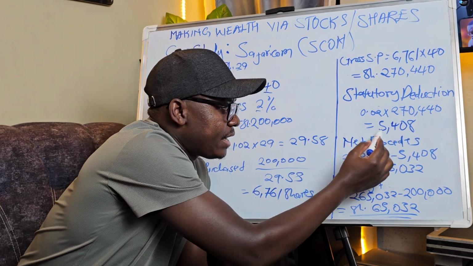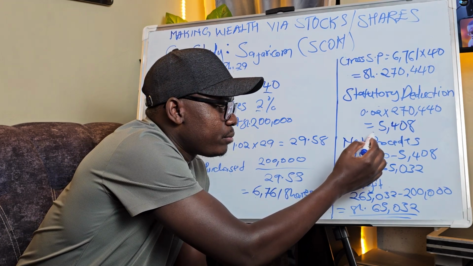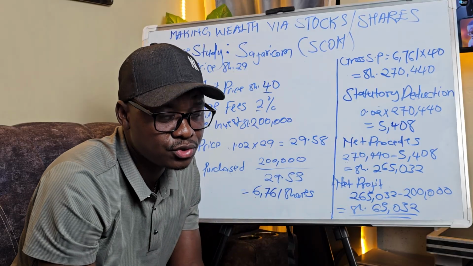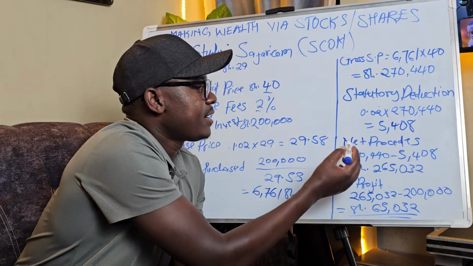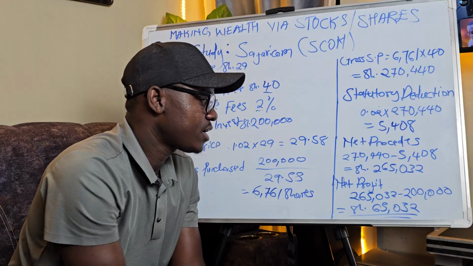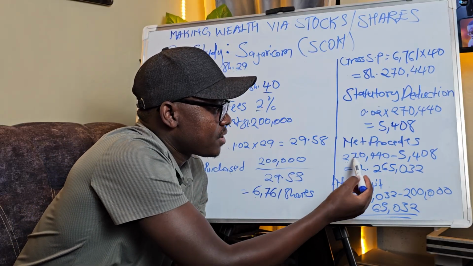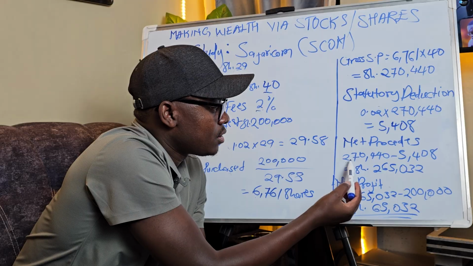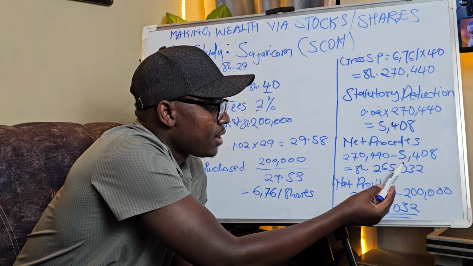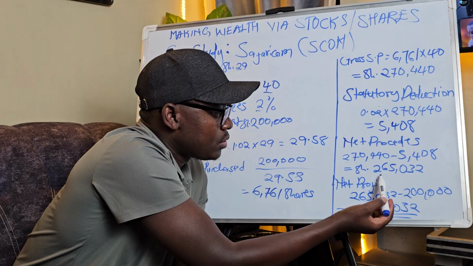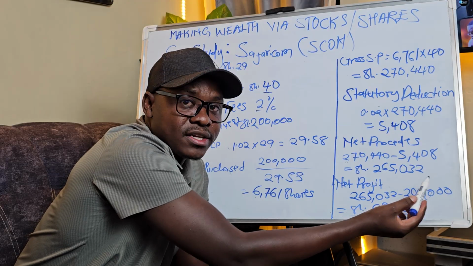So the maximum that will be deducted from this gross proceed is 5,000 in statutory deductions. Then we arrive at net proceed: gross proceed less this deduction, which is 270,440 less 5,408, so net proceed will be 265,032.